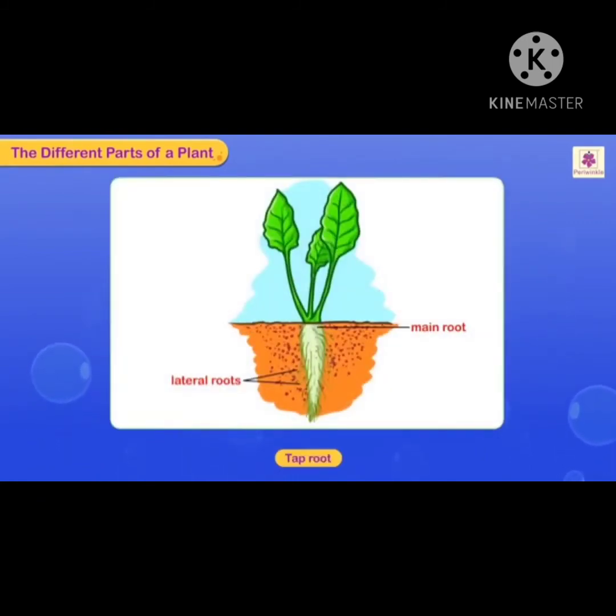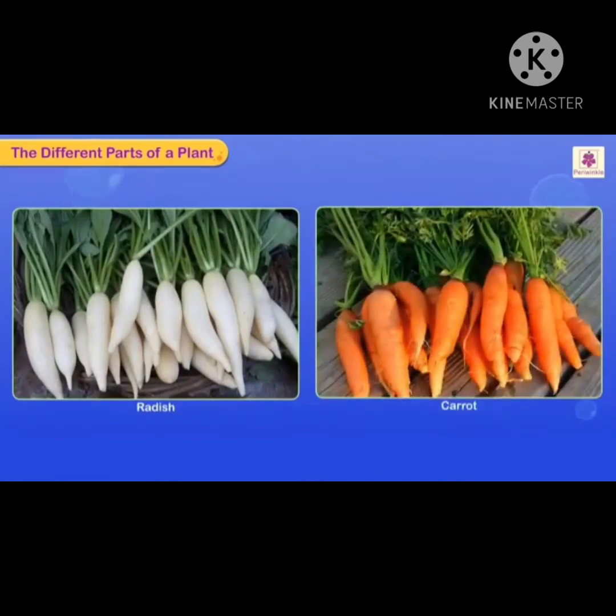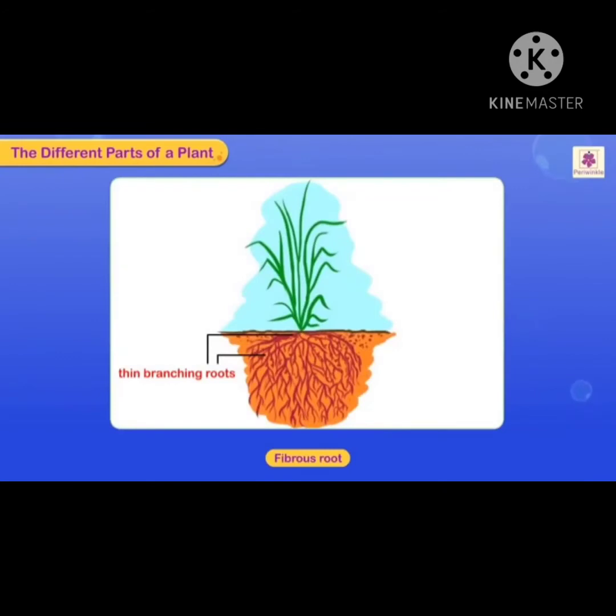Tap roots have a main or central root from which smaller, thinner roots arise laterally. Most trees and vegetables like radish and carrot have tap roots. Fibrous roots have thin, branching roots arising from the base of the stem.